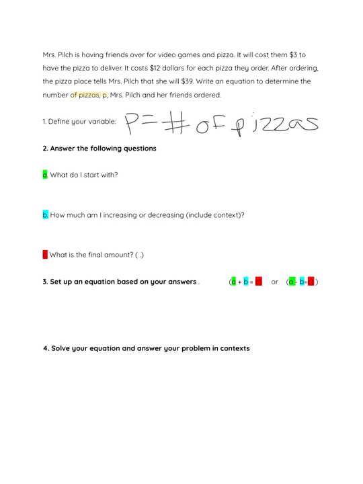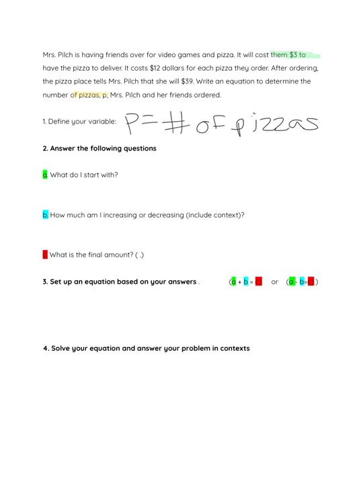Okay, wonderful. Now we're going to answer the following questions. What do I start with? You start with the $3 delivery fee. It will cost them $3 to have the pizza delivered. So that's like a baseline. We know we've got to pay $3, all right?